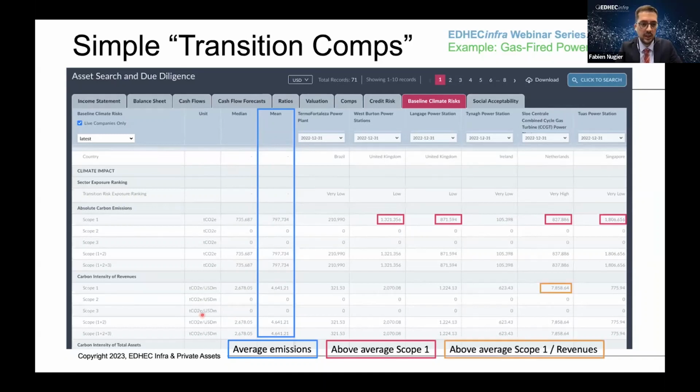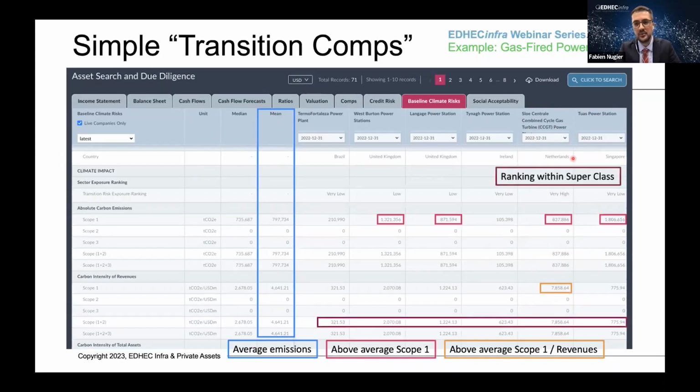And if you look at this carbon intensity by revenue, what you find is one of these assets is less efficient as its value is higher than the mean. So among those 6 assets, probably you would care more about this asset and you would maybe do further analysis on this one to know if that's the best investment you can make.